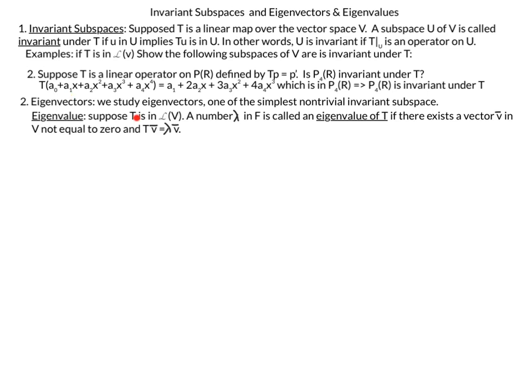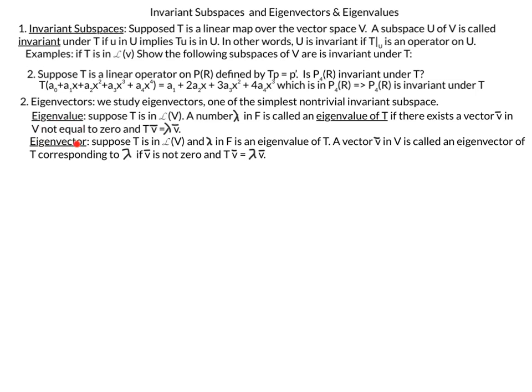So suppose T is a linear operator on V, then a number lambda in F is called an eigenvalue of T if there exists a vector v in the vector space V not equal to 0 and Tv equals lambda v.